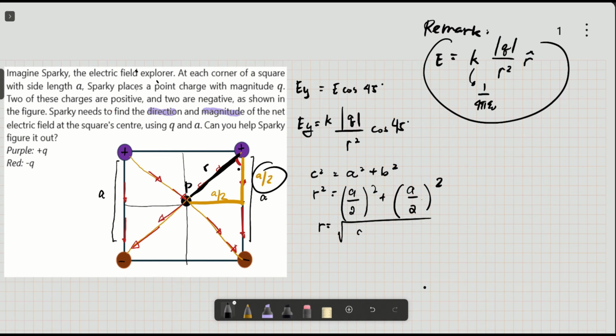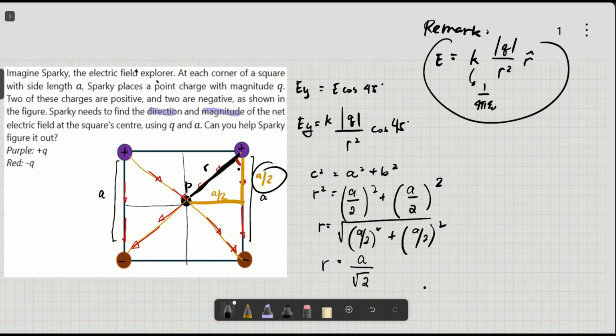Simplifying, that would be A squared over 2, and the square root would be A over square root of 2. So your R would be A over square root of 2.